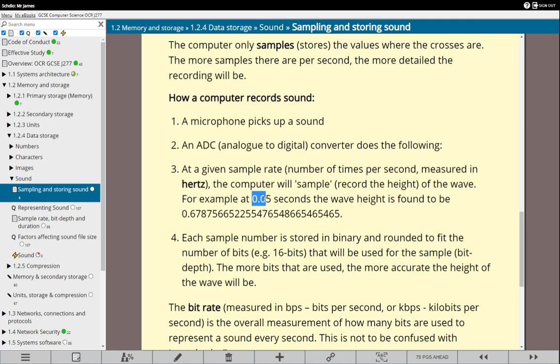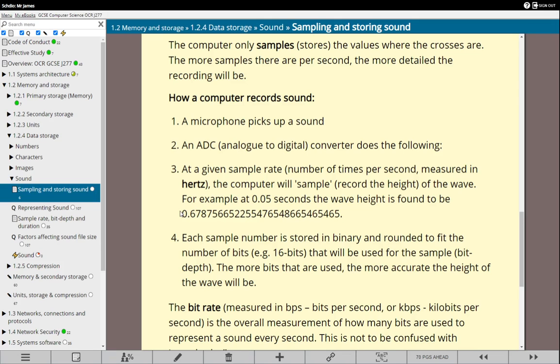Now the height of the wave at 0.05 seconds is found to be this very long number here. Of course this continuous number can't be stored on a computer because it'll be too long, too big, and needlessly too big as well. So we'd have to round it up to some extent. So we'll look at this number, round it off, and then store it using an appropriate number of bits. So if it's a 16-bit audio file, it's going to use 16 bits to record that particular sample.